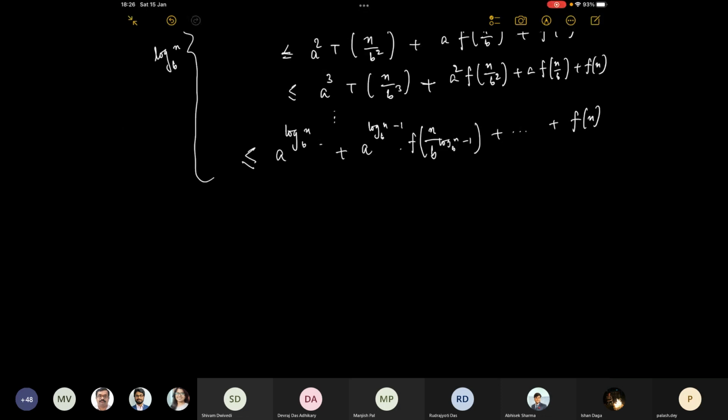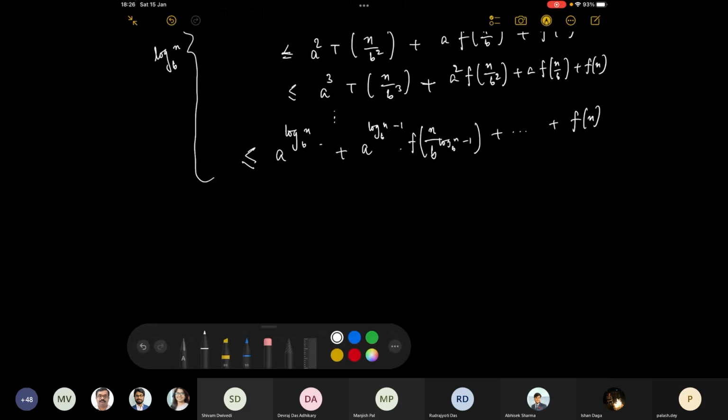So let's see what are the 3 cases when this sum is particularly easy to write.